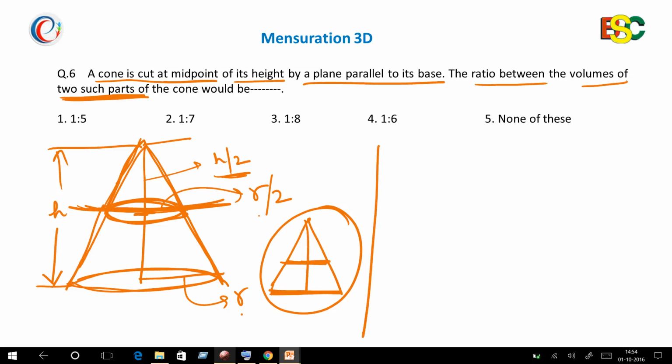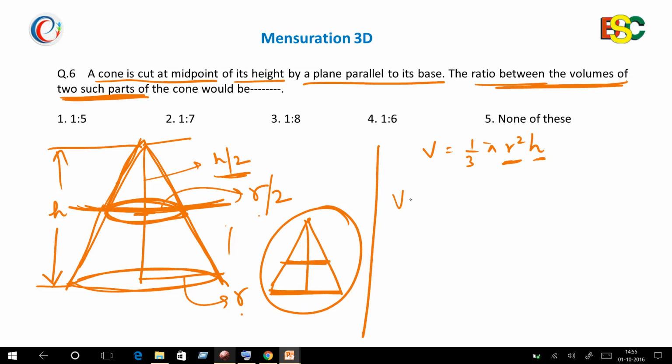Now since here we are finding the relation between the volumes, we will see 3 dimensions used in the volume. So here the volume is 1 by 3 pi r square h. Okay. Here the radius is in 2 dimensions because it is r square, and height is the 3rd dimension. Now each dimension is reducing to half, that we have already discussed.